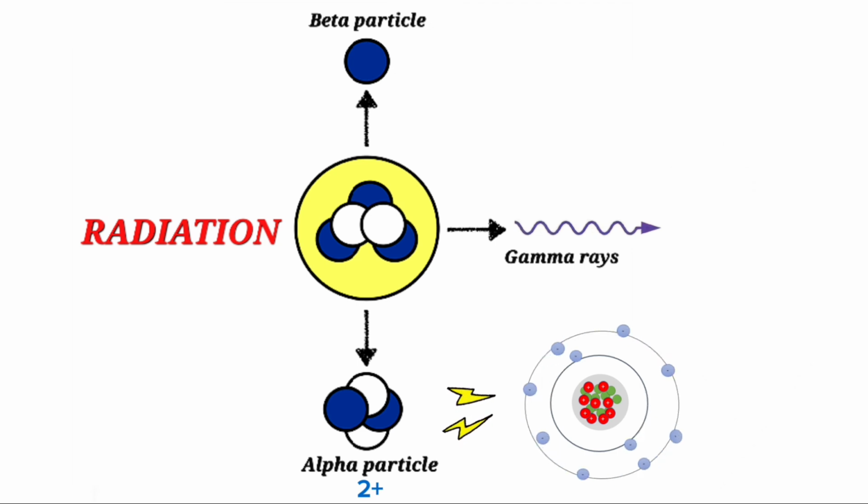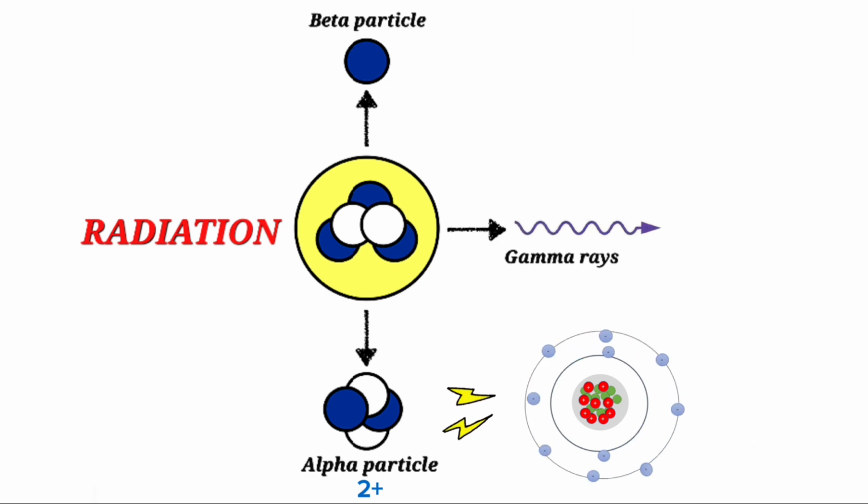And within an atom, this is an atom that is going to come into contact with the alpha particle. So within this atom, you're going to have electrons, and electrons are negatively charged. So what do we say about opposites? They attract one another. So the electrons are going to be attracted towards the positively charged alpha particle.